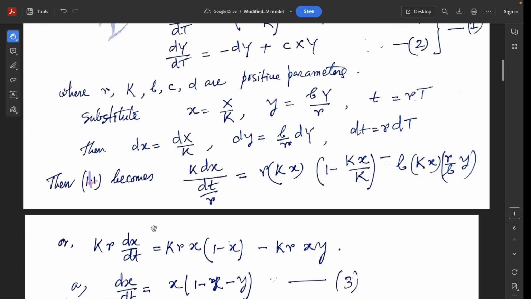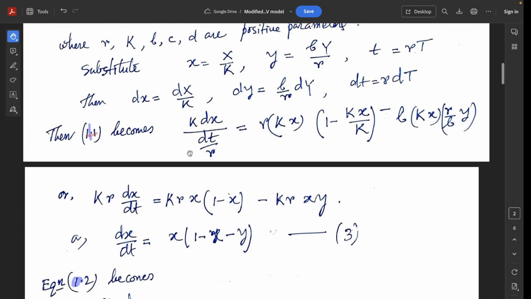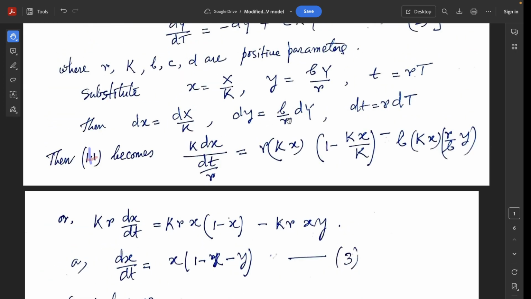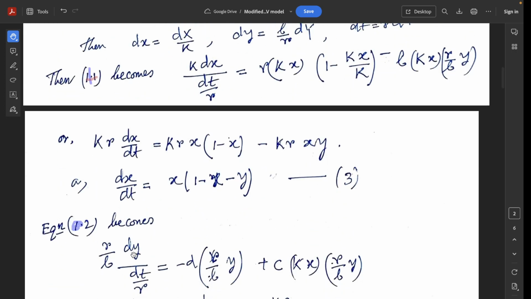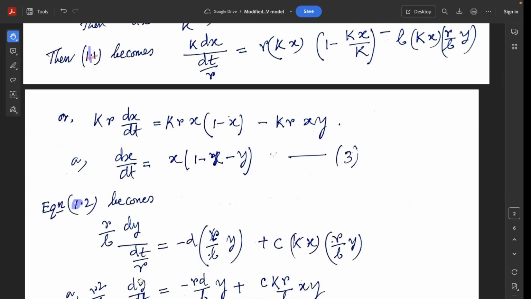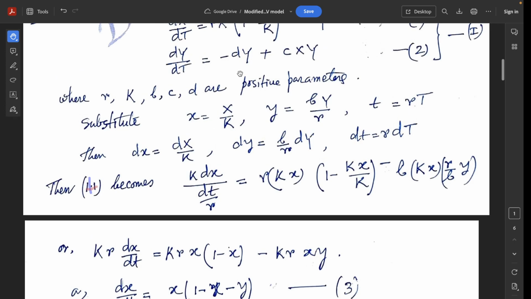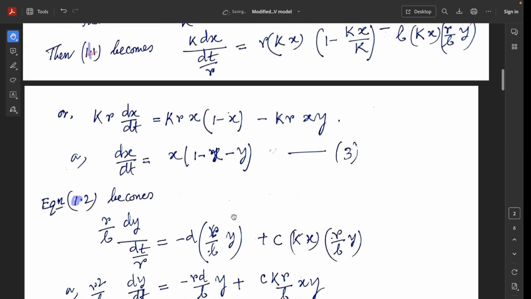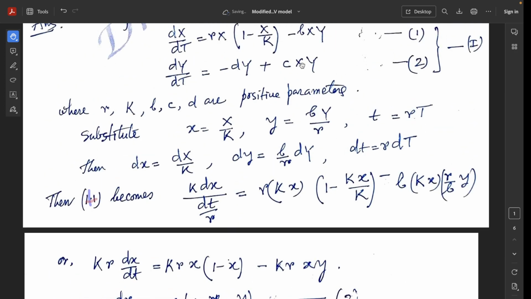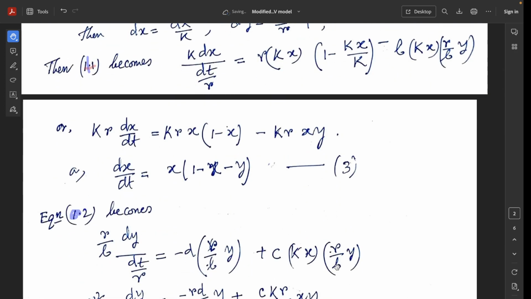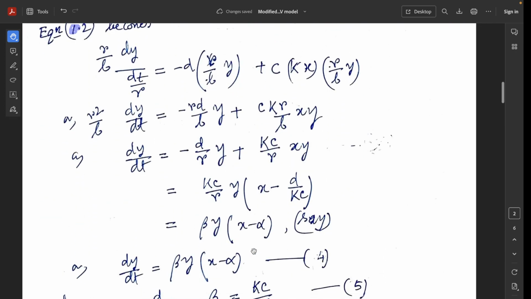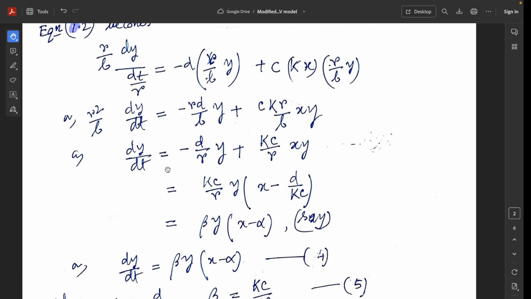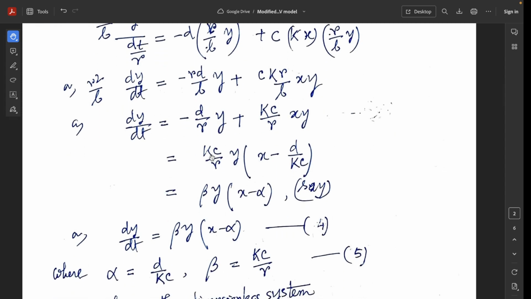Then similarly we can get dY/dT. So dY from this is equal to r by b into d small y, and dt by r equal to minus d Y, with positive parameter d, r by b into small y, plus c capital X capital Y. After simplification, we get dy/dt equal to, taking common, (Kc by r) y x minus d.